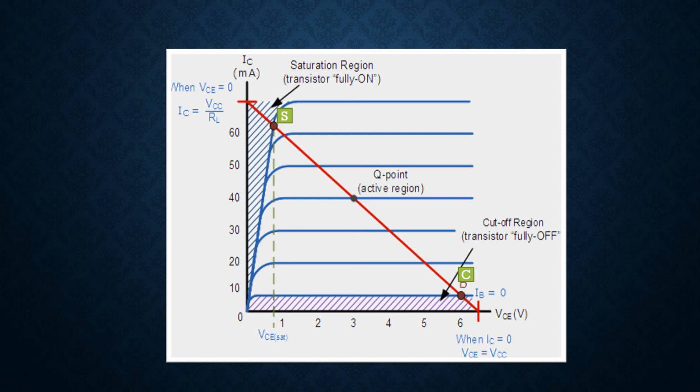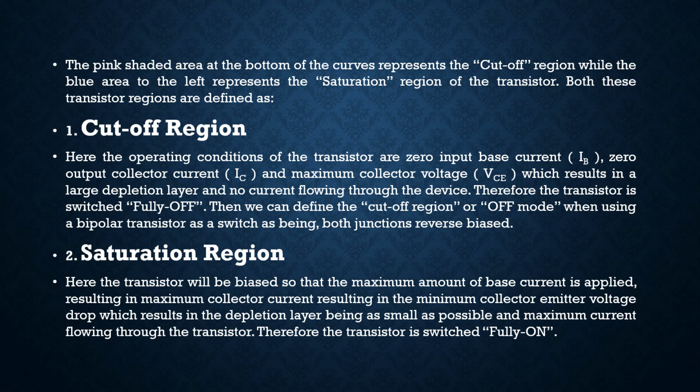And this is the Q point active region, but when we are considering switching and cutoff, we are not considering this region. Now in the figure, the shaded portion at the bottom of the curve represents the cutoff region, while the area at the left represents the saturation region of the transistor.